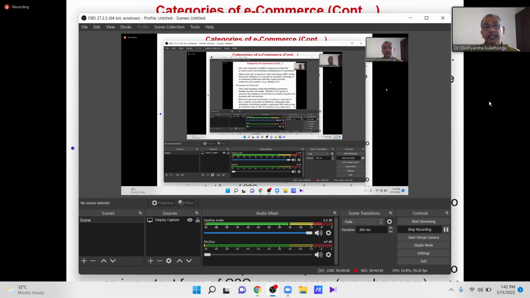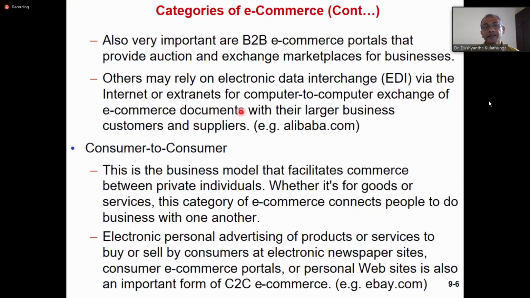So the sending organization prepares the document and sends it to the receiving organization, which is capable of processing it directly inside their computers.